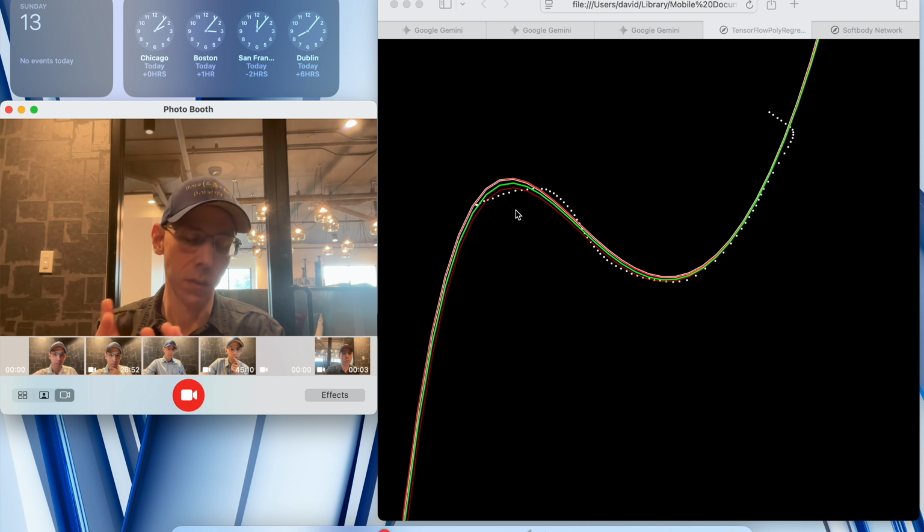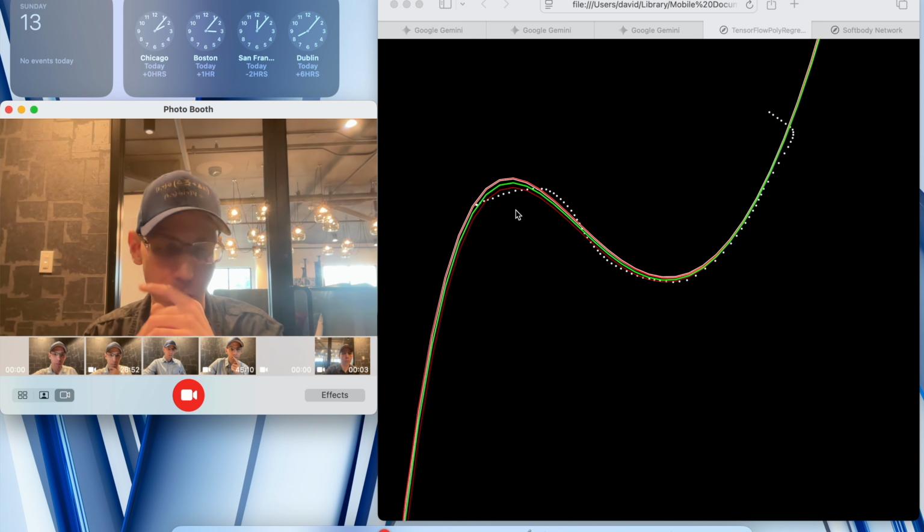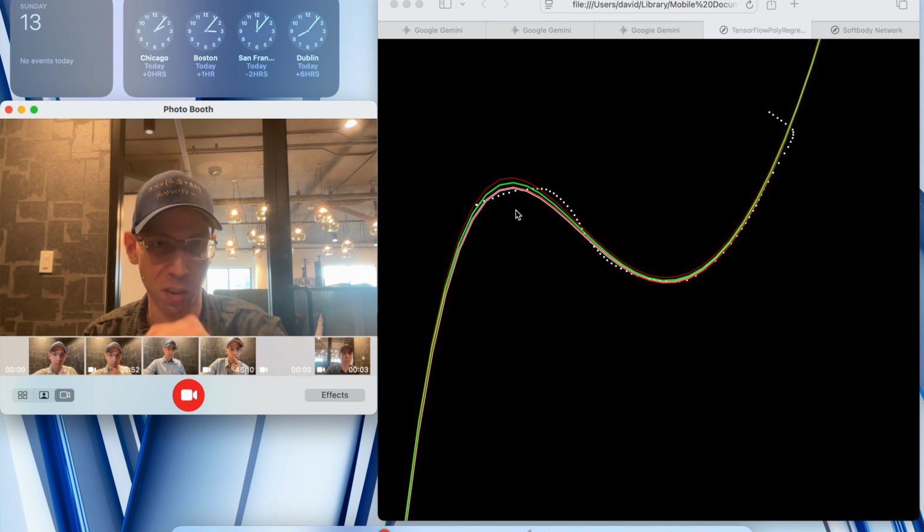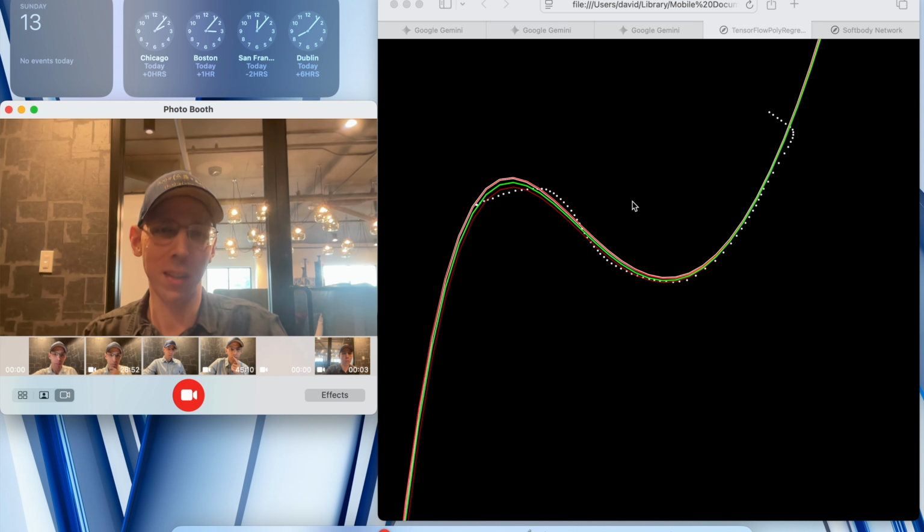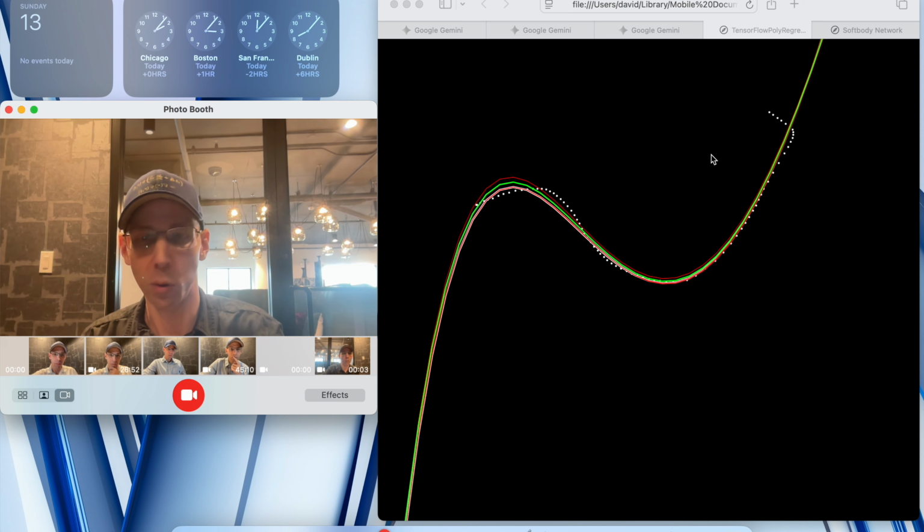Well, I shouldn't say that. It depends on the loss algorithm that you're using. But the point is that it's trying to minimize the energy, right? It's just a ball rolling down a hill or a coupled set of springs coming to an equilibrium.